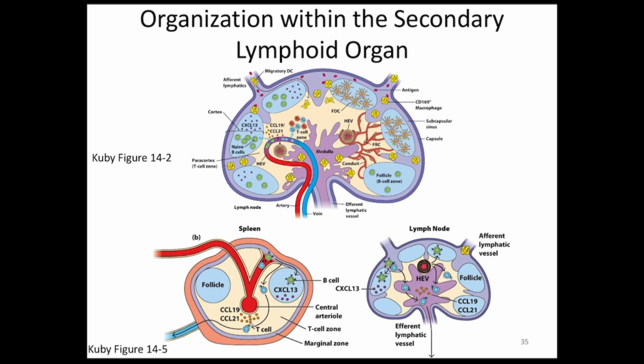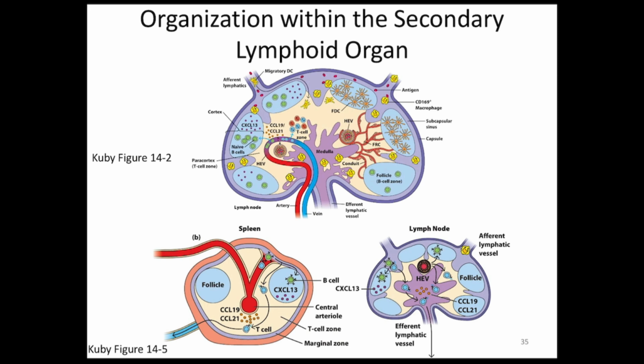And so here you can see I've got a spleen and a lymph node. They both have T cell zones. So here you can see the T cell zone of the spleen. Here you can see the T cell zone of the lymph node. And so the T cell will come into the lymph node and will specifically move to the T cell zone.